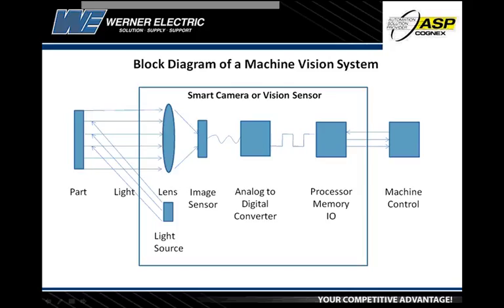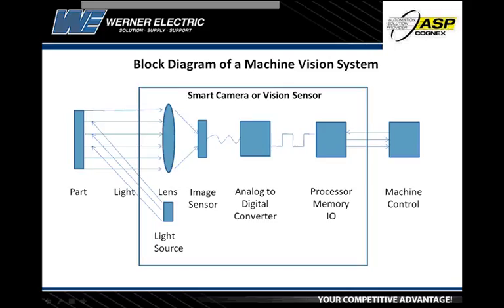Some smart cameras contain just the image sensor, A to D, processor, and memory. It depends on the model, basically, how much of the optical side is contained inside the smart camera. But as a minimum, they contain the image sensor, the A to D, the processor, and the memory.